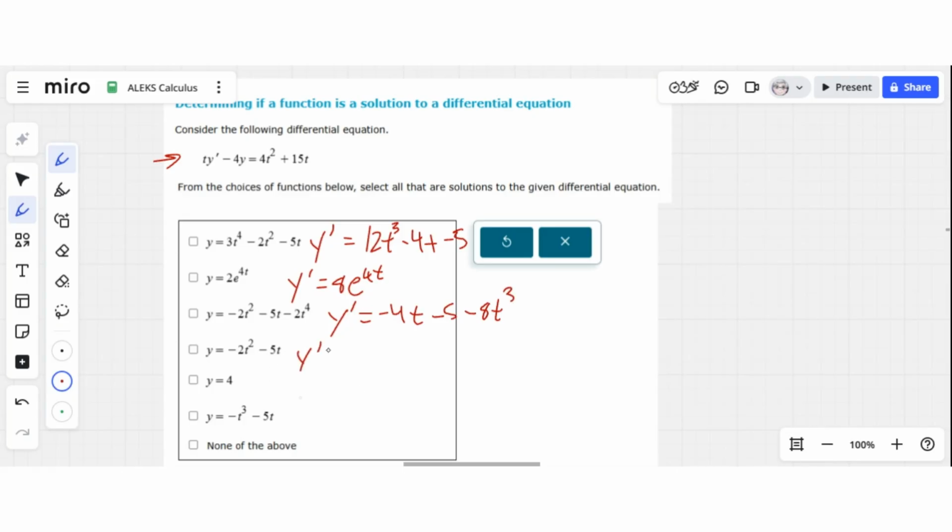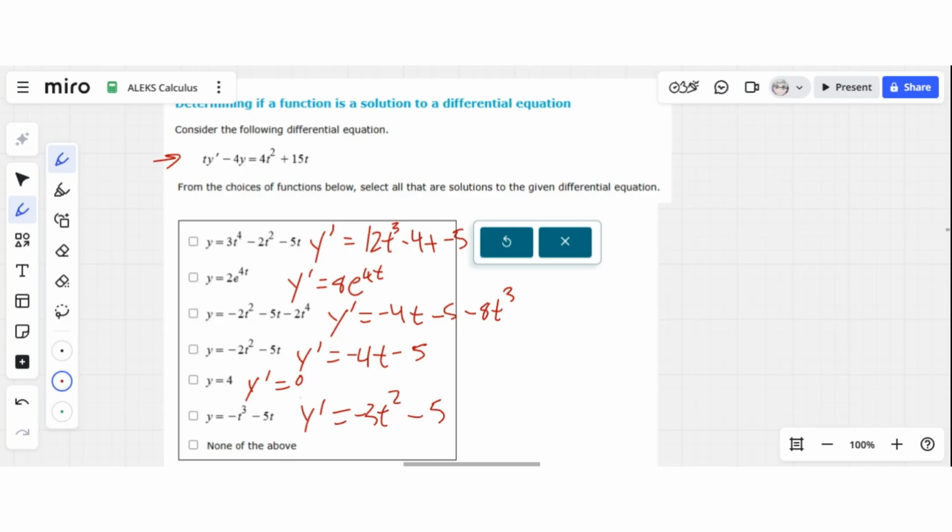And this is going to be negative 4t minus 5. And here we've got y prime equals 0. And here we've got y prime equals negative 3t squared minus 5. Okay, just scanning back over my work here, making sure this looks right.